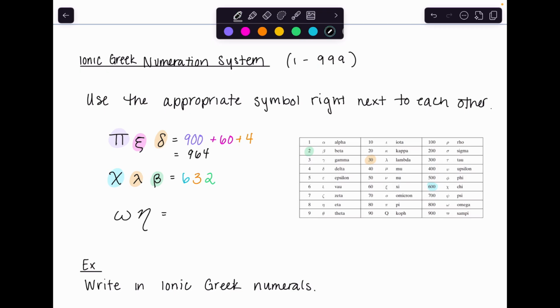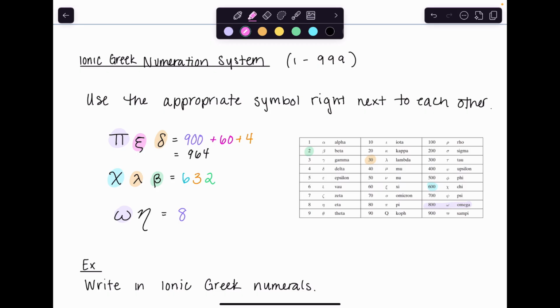When it gets to there just being 2 digits, that's where you have to pay really close attention. If I look for this symbol in the tens spot, I have absolutely nothing that looks like it. So moving on to the hundreds position, that first symbol is definitely going to be omega. So that is 800 to start with.